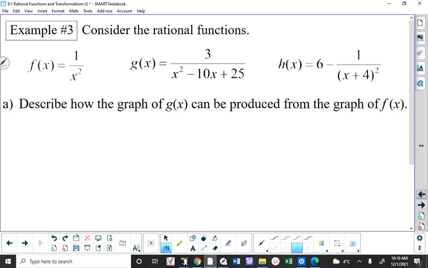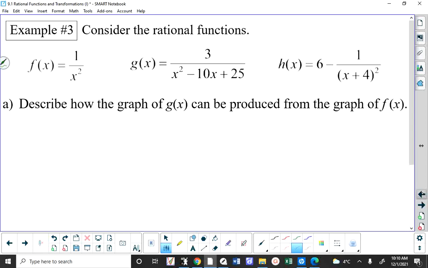Denominator of g of x is quadratic. And since it's not the difference of squares because it has a degree 1 term, it can be written as x minus 5 squared. Right. Perfect. It's quadratic, so we look at the possibility of factoring.